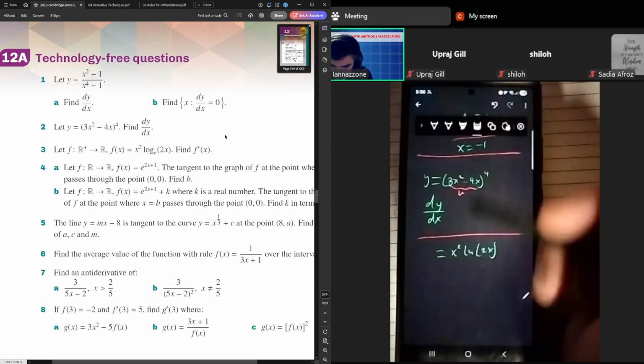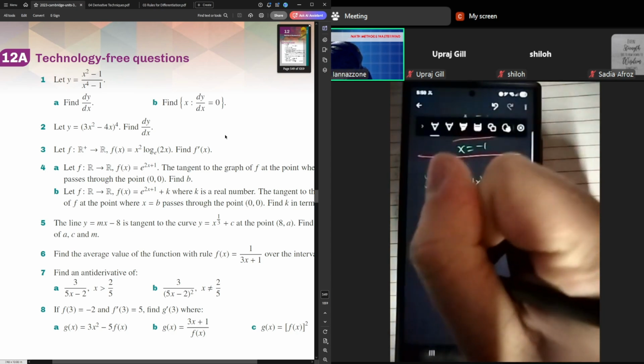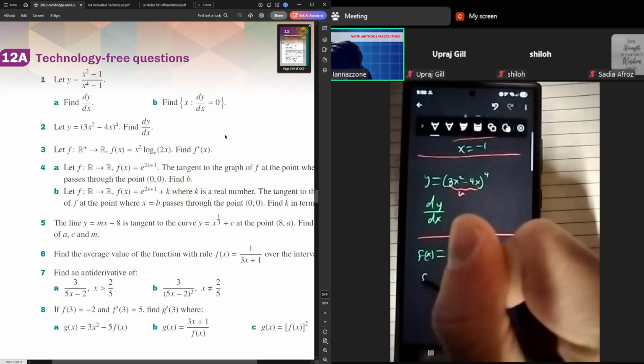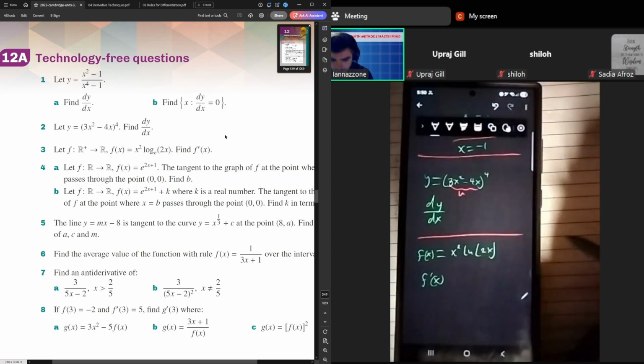I guess I said f of x instead. They said f of x and they said find f dash. So again, what kind of a trick question here, actually. What type of rule applies? It's like both product rule and chain rule. Yeah, correct.